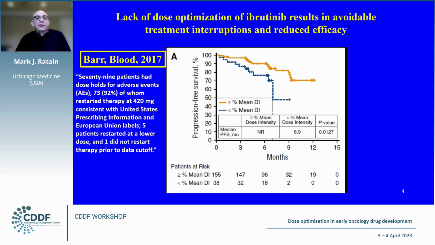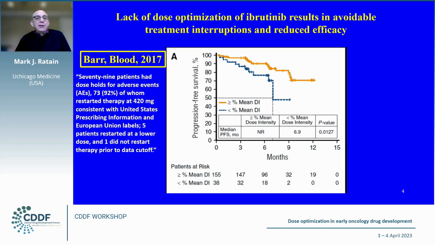And because of this excessive dose, there are now other BTK inhibitors that are approved and marketed and that are preferred by many, if not most, hematologists. This is from a paper in Blood in 2017.